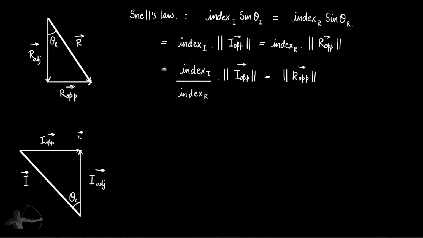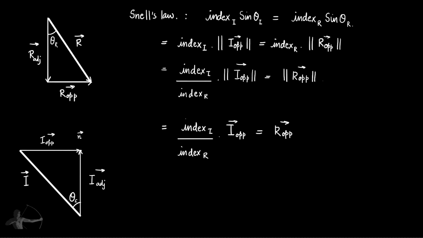That is why we can write this equation as index I divided by index R multiplied by vector I opposite. No magnitude, just vector. Because their directions are the same, we can change this equation to R opposite.